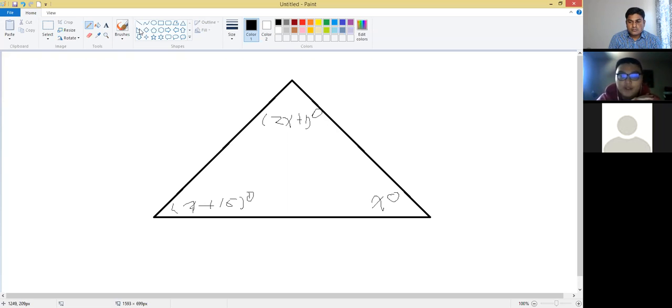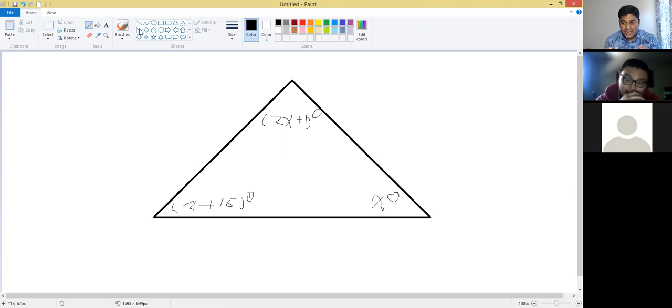What do we have to do first? Do you solve for x? Yes, we're going to solve for x. So what is x? What do we know about the triangle? It's an equilateral triangle. Nope, we do not know that.